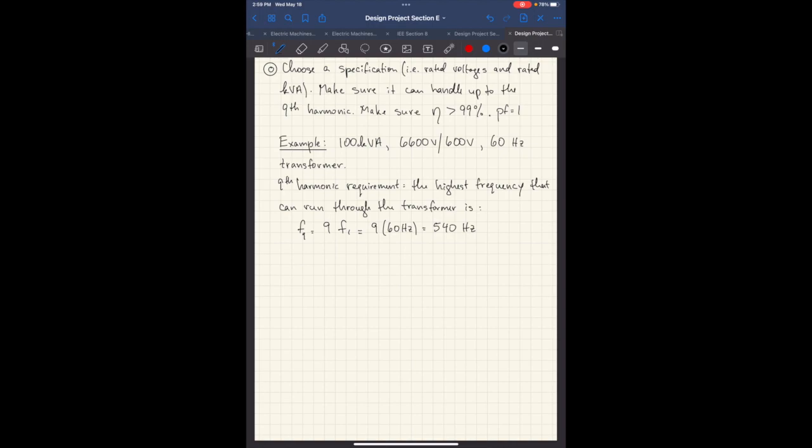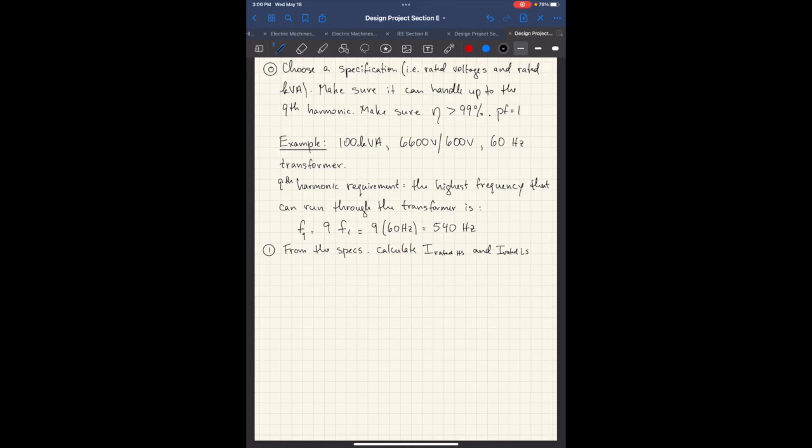So, let's now go to step one. Step one is, from the specs that we decided on, calculate I rated on the high side and I rated on the low side.